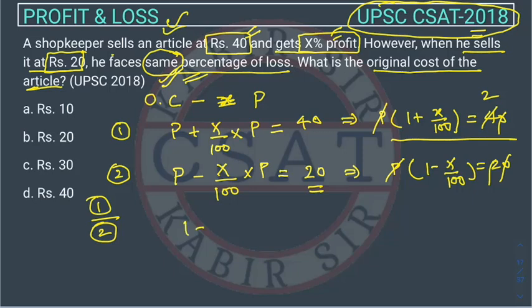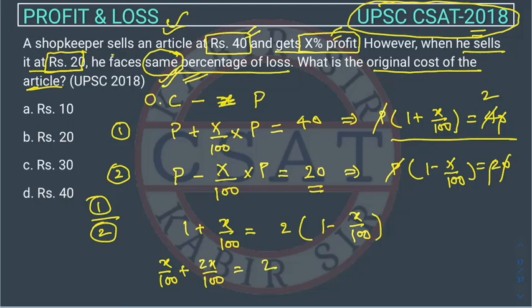So it will become 1 plus X upon 100 is equal to 2 times (1 minus X upon 100). This 2 will go inside, so this 2x will become minus 2x. This minus 2x we will take to this side, so it becomes X upon 100 plus 2x upon 100, and this will be 2 minus 1, the 1 going to this side.